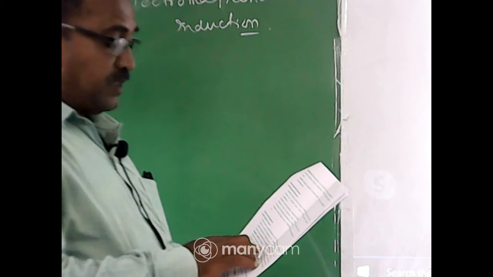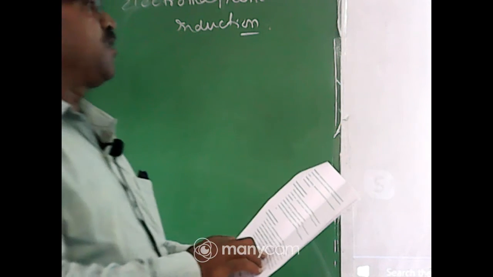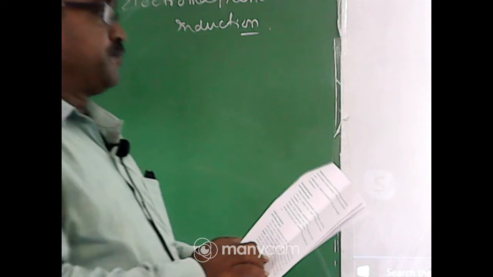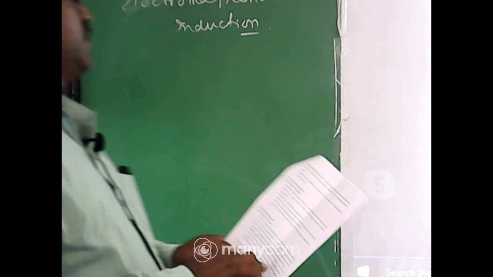The magnetic effect of electric current, the magnetic field lines, field due to a current carrying conductor, field due to a current carrying coil or solenoid, force on a current carrying conductor, Fleming's left hand rule, electric motor. Okay. Electromagnetic induction, the last part of this chapter.